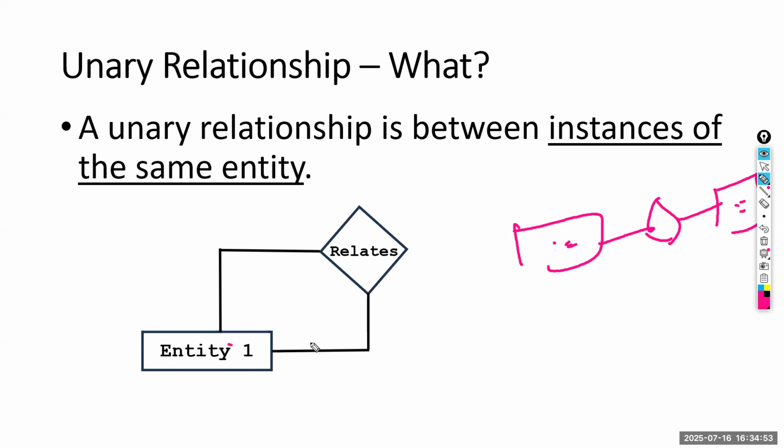But this is two instances of the same entity. Only one entity is involved in this relationship. That is why we say unary. Unary means one. Only one entity. It's a relationship between different instances of the same entity.